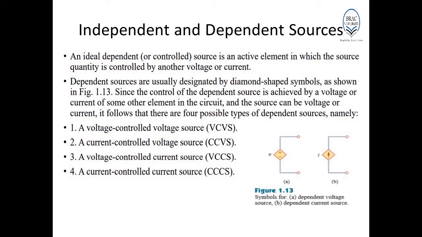There are four possible types of dependent sources: a voltage controlled voltage source, a current controlled voltage source, a voltage controlled current source, and a current controlled current source. These will become much more clear to you once we move on to the next chapter, where we will solve problems based on these different types of sources.